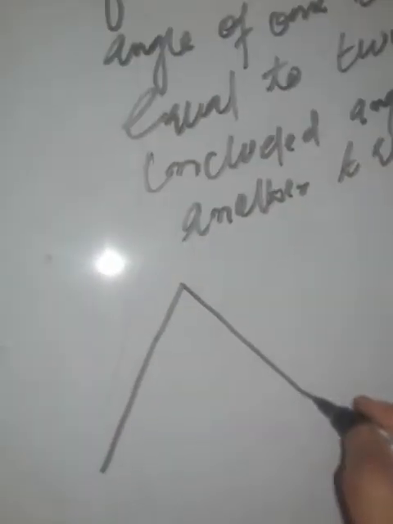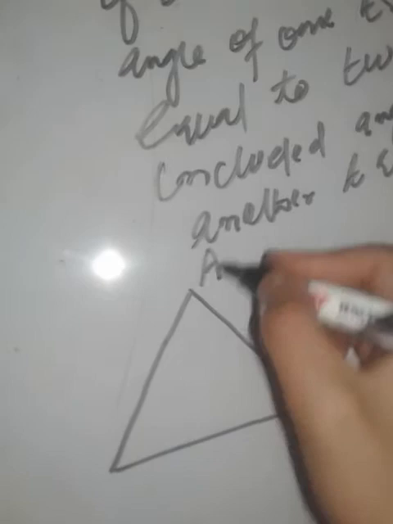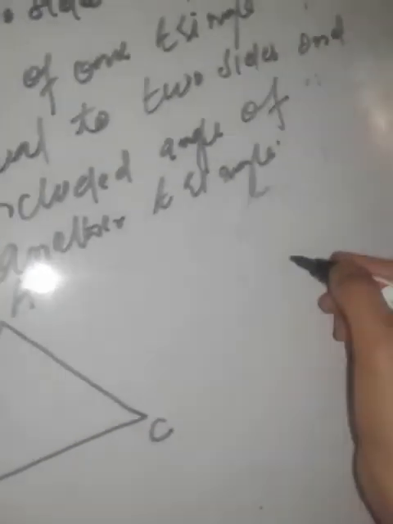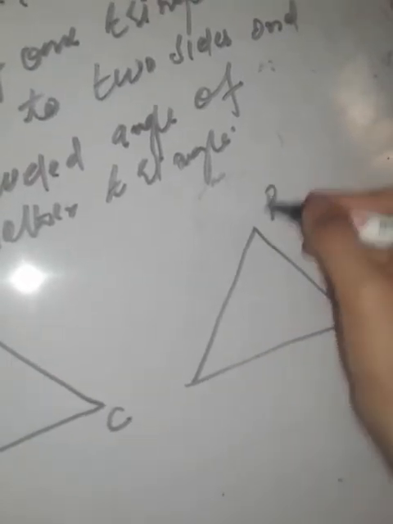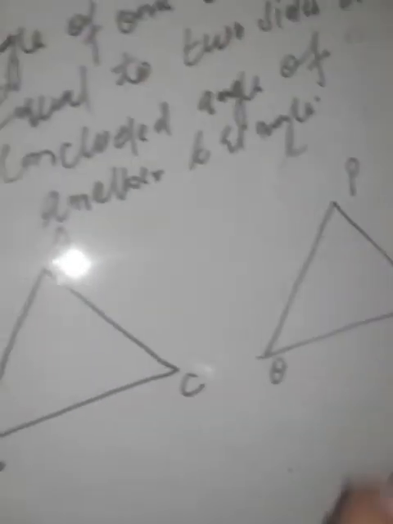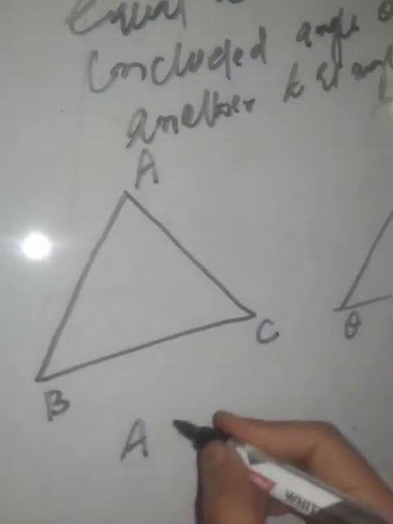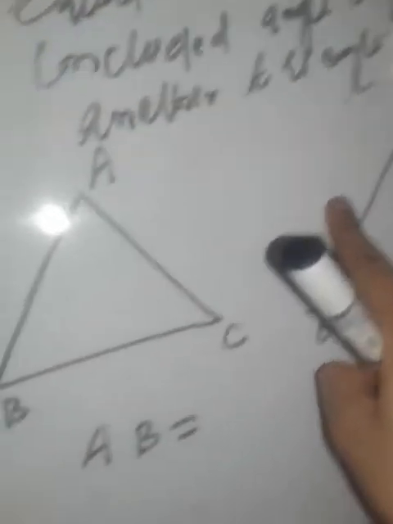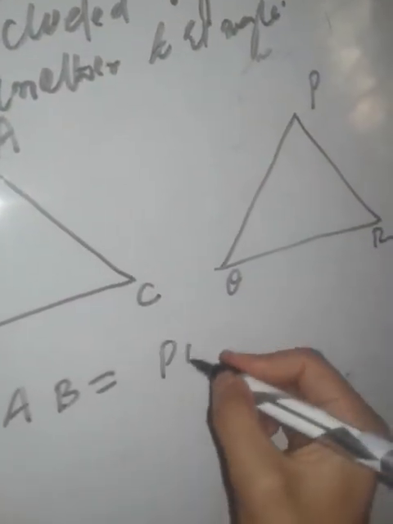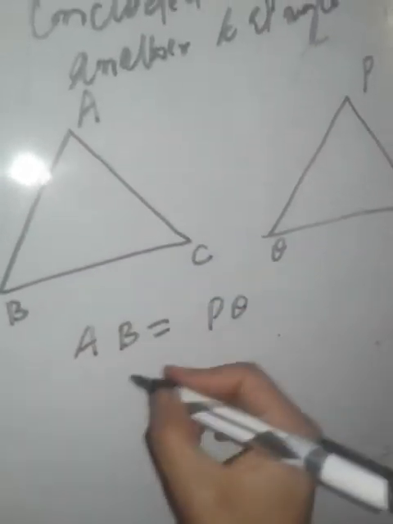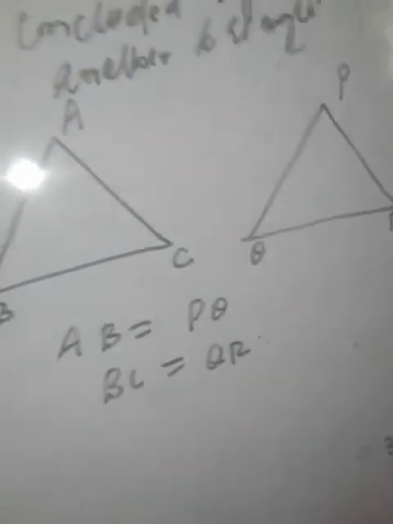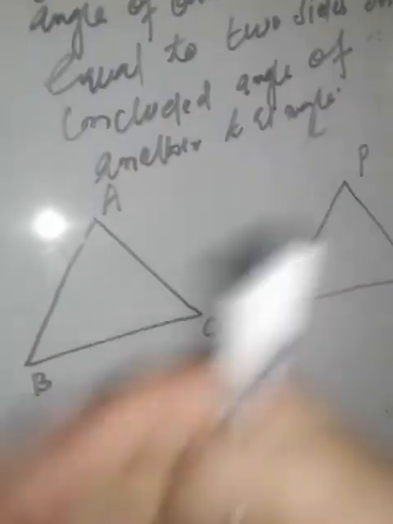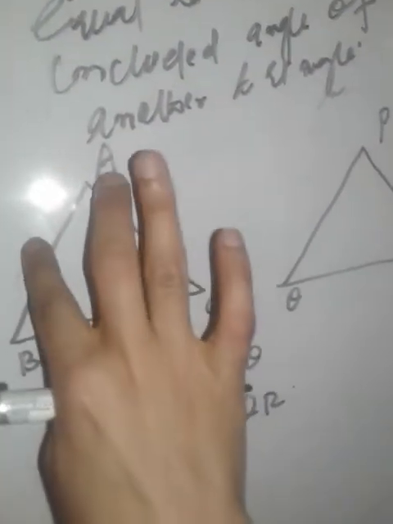We have a triangle ABC, and suppose another triangle PQR. If we take only two sides from this triangle, suppose we choose AB equals PQ, and BC equals QR. Now take a look carefully.